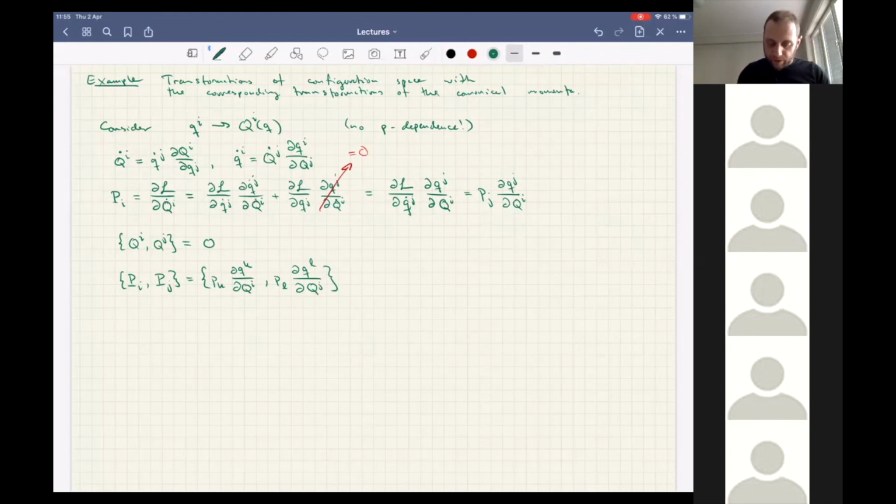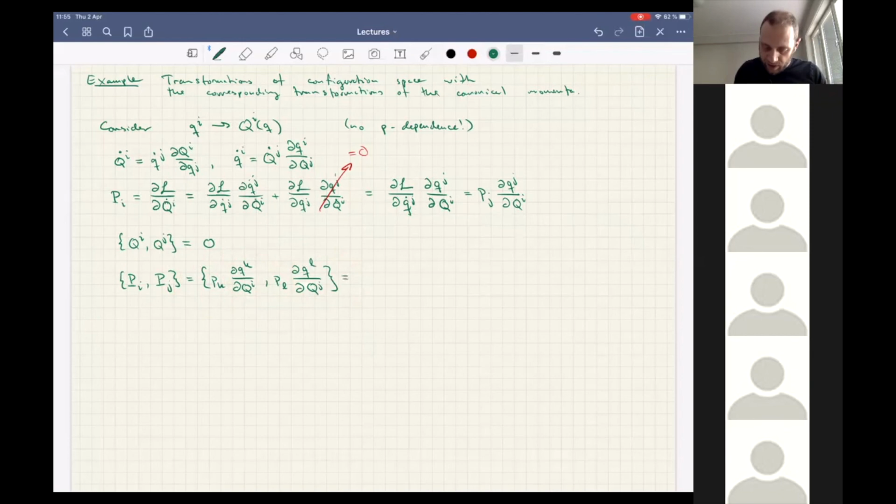And again, we can use the Leibniz rule for this Poisson bracket. The Poisson commutator of p k with p l is 0, and in the same way these derivatives are just functions of the q's, so their Poisson commutator is also going to be 0.